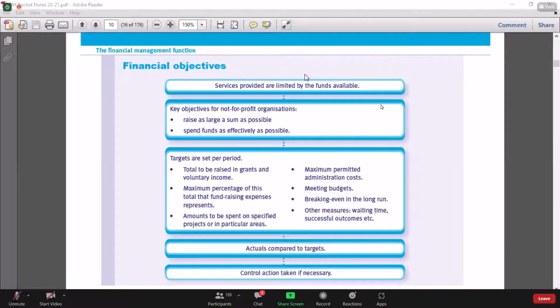Now, every year, what will these orphanages be doing? Let us assume that there are 100 children in the orphanage, and their objective is to provide education to all these 100 children and to provide good quality food and all the required services to these beneficiaries. In order to provide this service, definitely they need a specific fund.